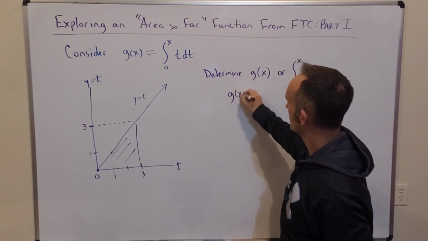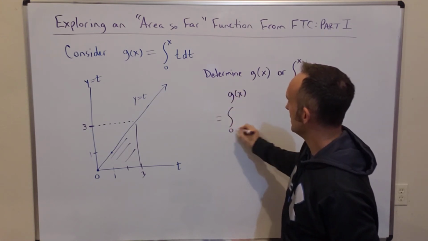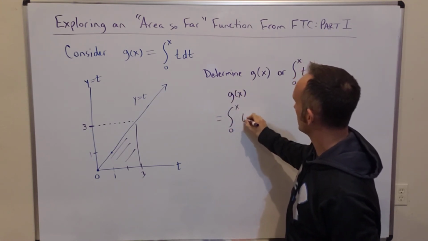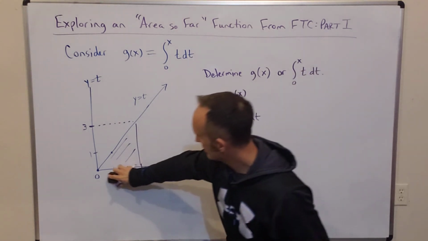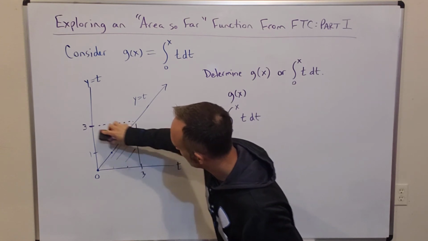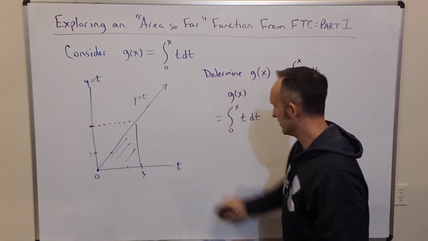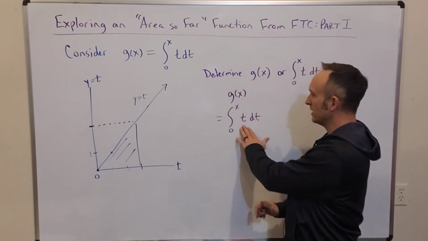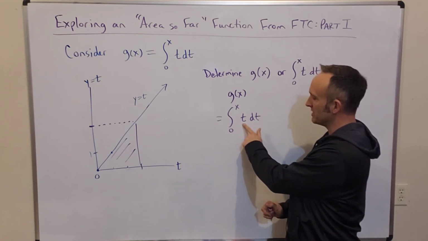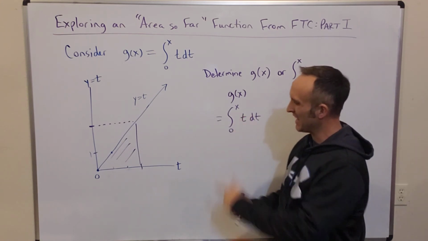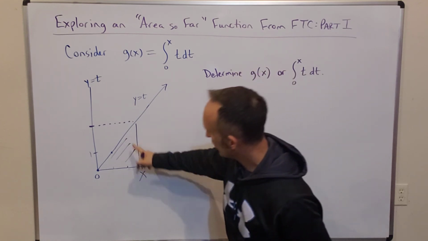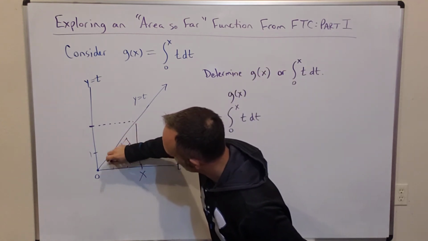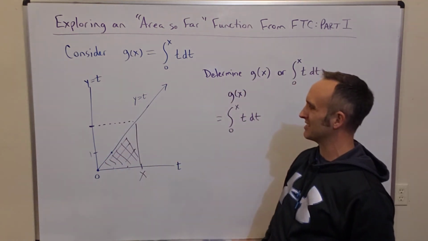All right, so let's look at this. So g of x equals the integral from 0 to x of t dt. Now, let's erase our scale here. Let's eliminate our scale. And what we want to do now is find the area under the t curve from 0 to x. So let's just say x is right there. And I want this area from 0 to x, not 3, but 0 to x.